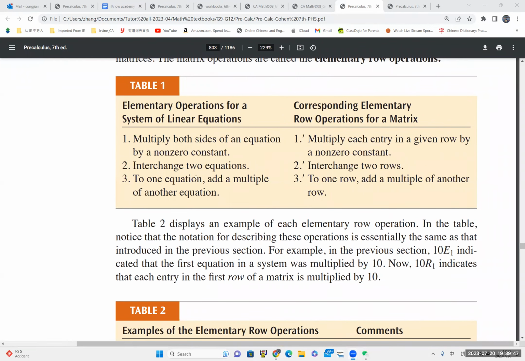So this follows from some linear equation properties. Multiply both sides of an equation by a non-zero constant. Interchange two equations. To one equation, add a multiple of another equation.